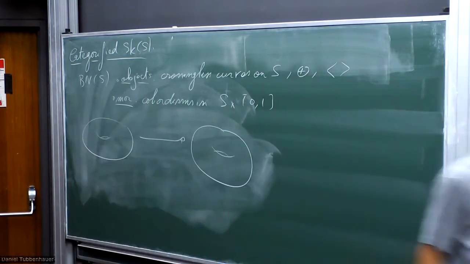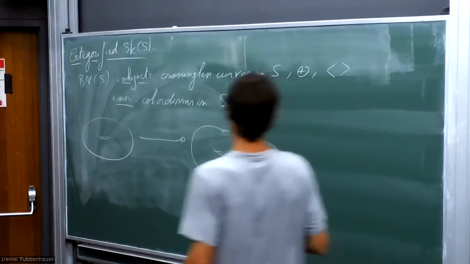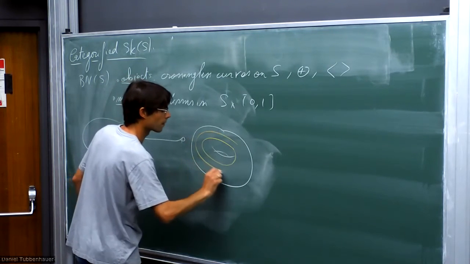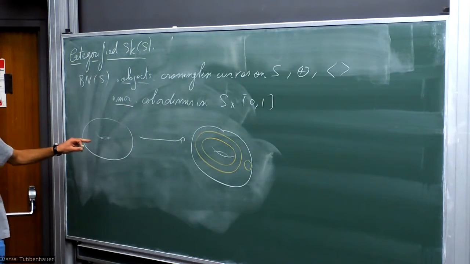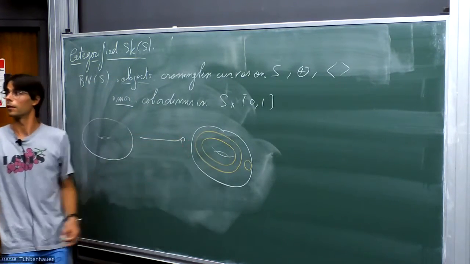So both of these things are objects. I have the empty curve, or I have this other one.